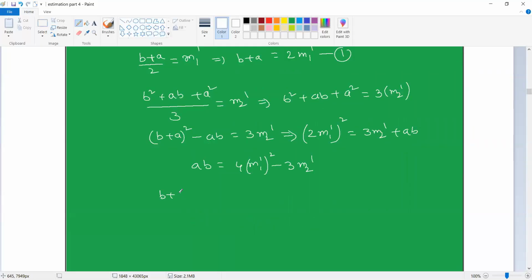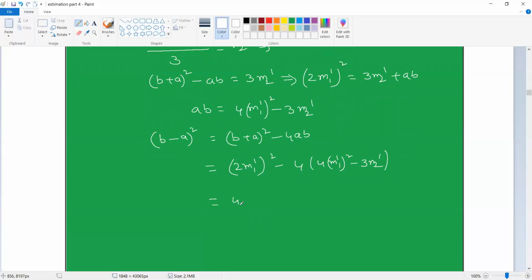Now b plus a whole square. To get b minus a whole square, use the algebra formula: b minus a whole square is equal to b plus a whole square minus 4ab. b plus a is 2m1 dash whole square, minus 4 times ab, which is 4m1 dash square minus 3m2 dash.